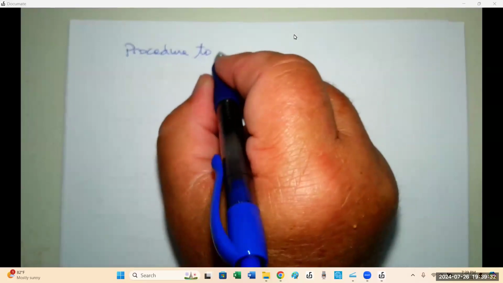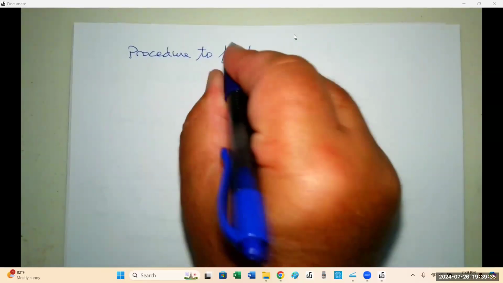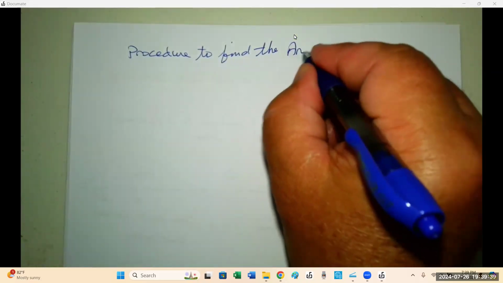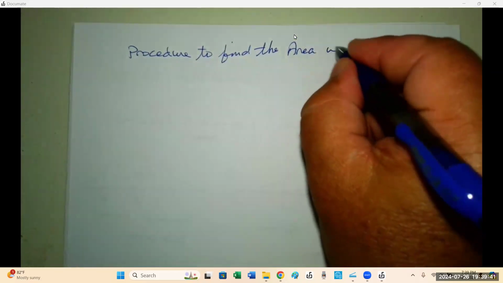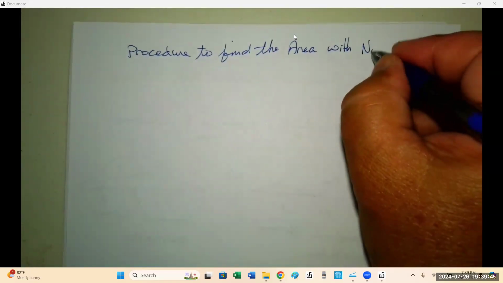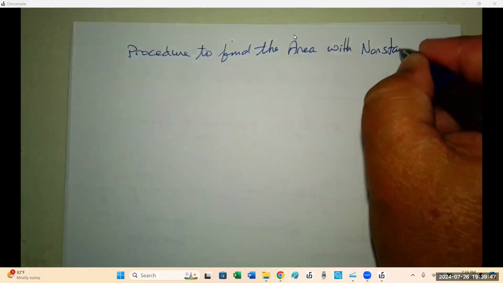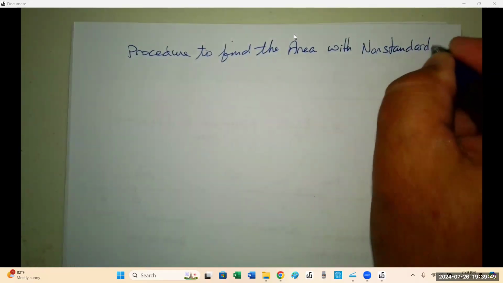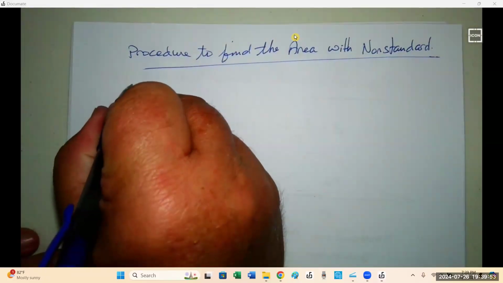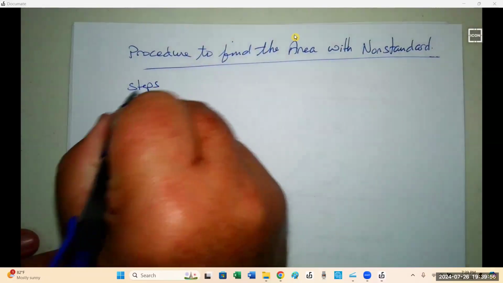Procedure to find the area with a non-standard distribution. Steps.